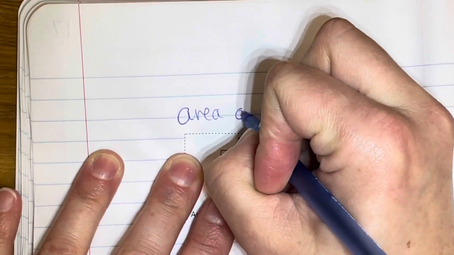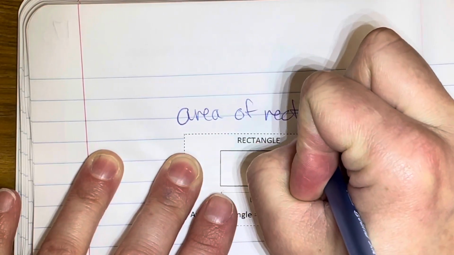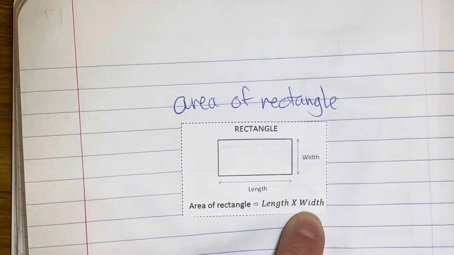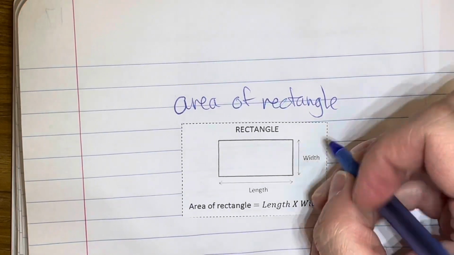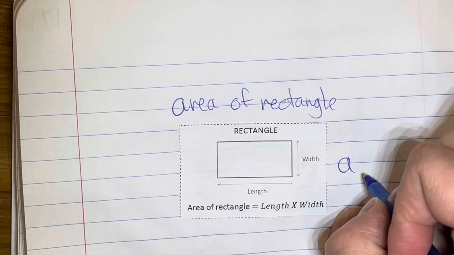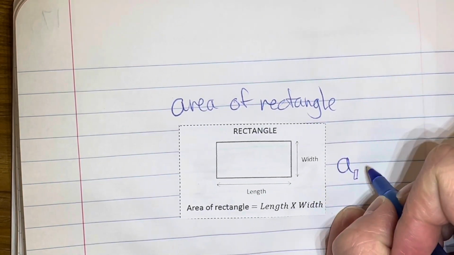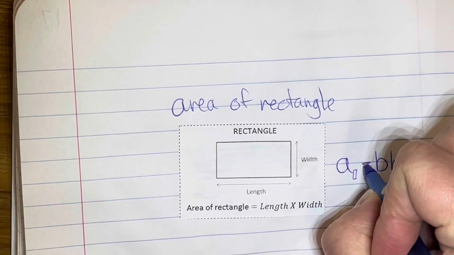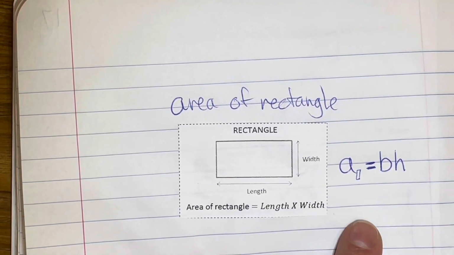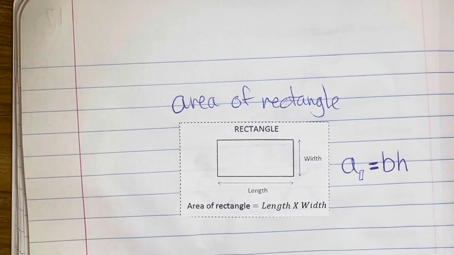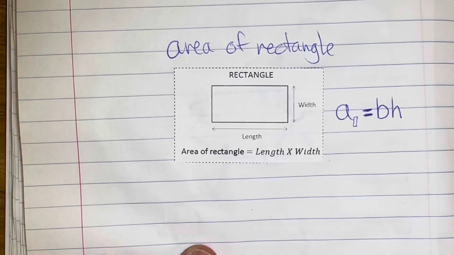If I need to calculate the area of a rectangle, okay, it's length times width. Simple way of drawing that area, and I'm going to put a little rectangle shape next to it, equals BH, base times height. So that's the area of a rectangle.